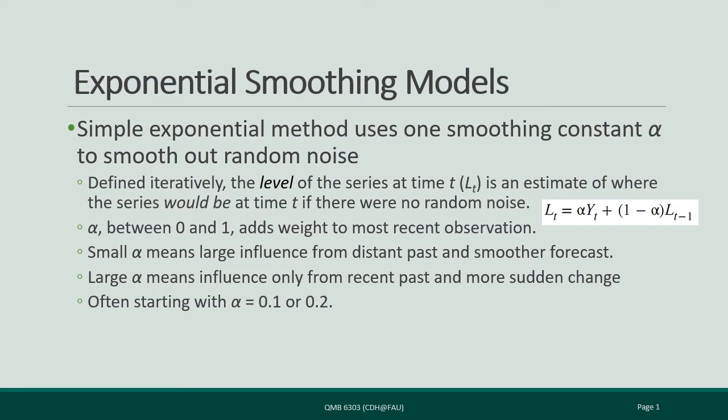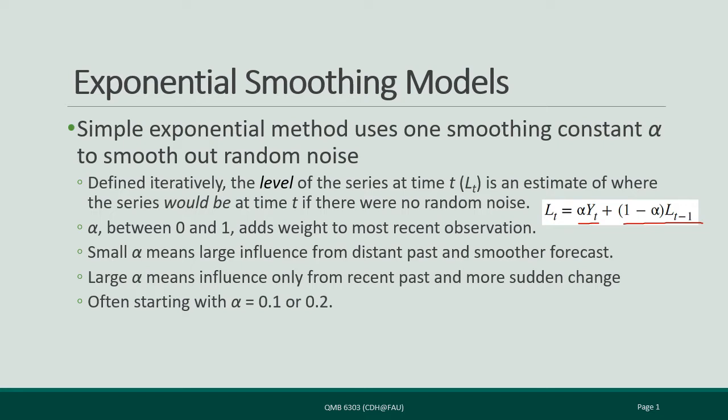So the change is determined partially by the last observation and all the previous observations. Each forecast or each fitted value is defined partially by the last observation and all of the previous forecasts, right? If you keep doing that, all of the previous forecasts depend on the previous observations, so they all weigh into the next prediction and the next prediction and so on.